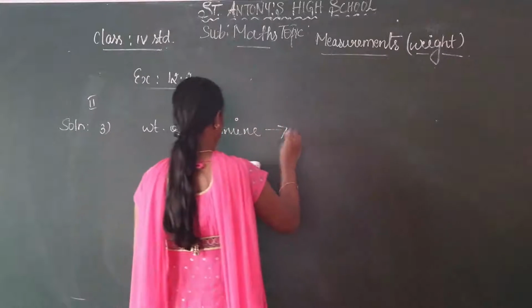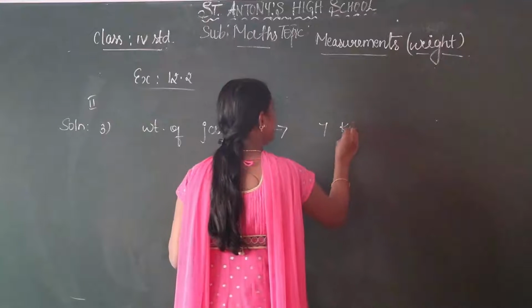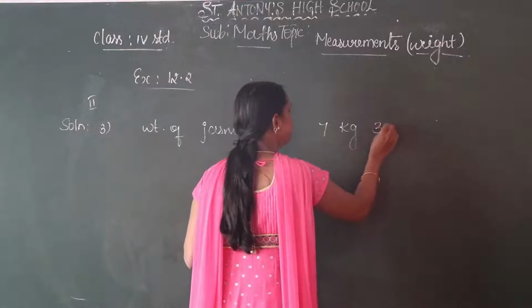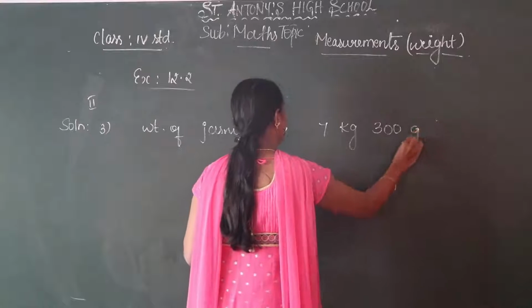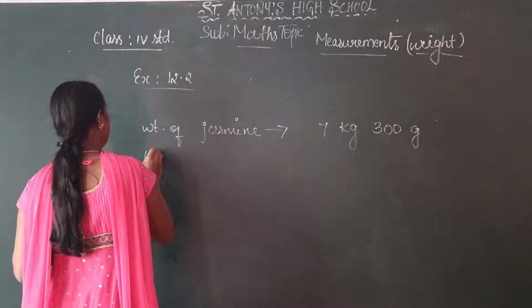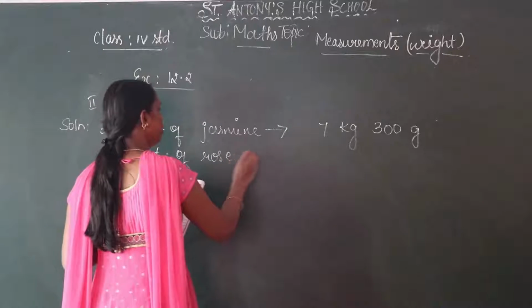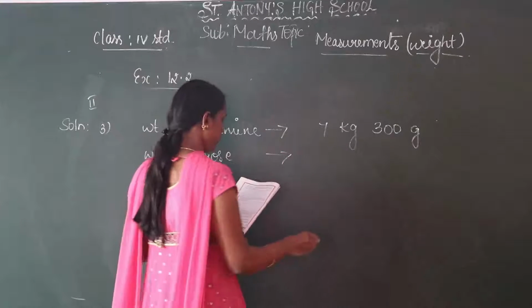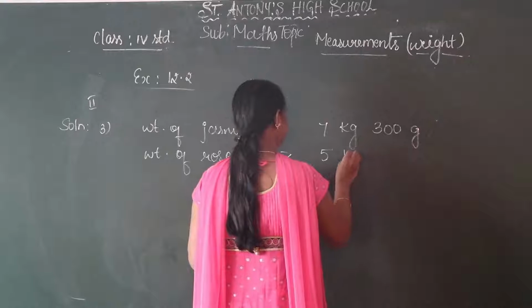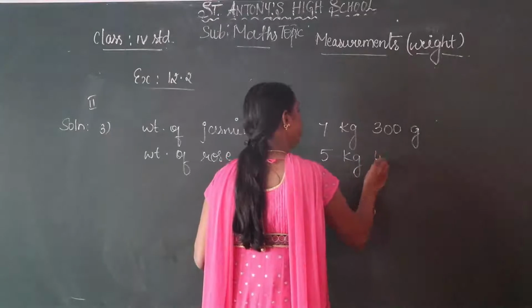How much? 7 kg. Write down the number spaciously. 300 gram. Weight of rose is equal to 5 kg 450 grams.